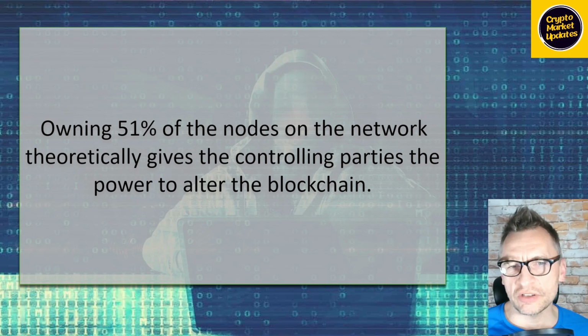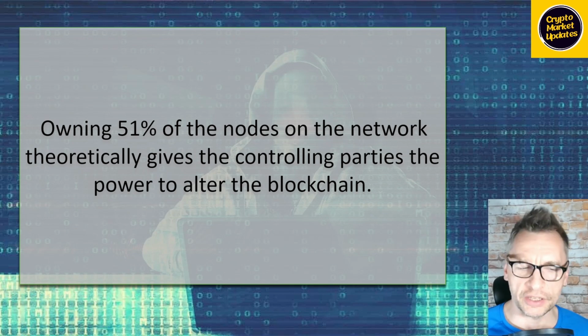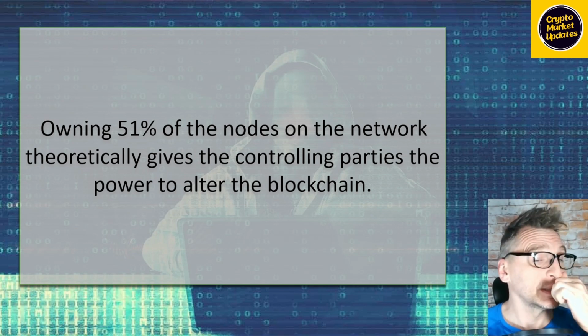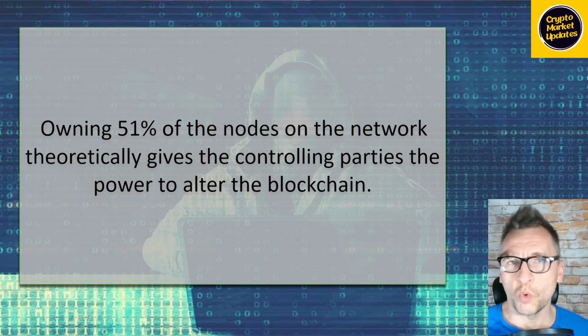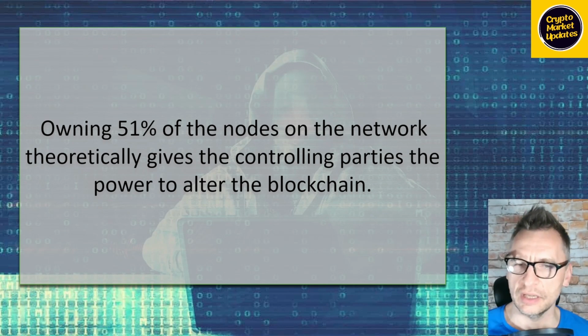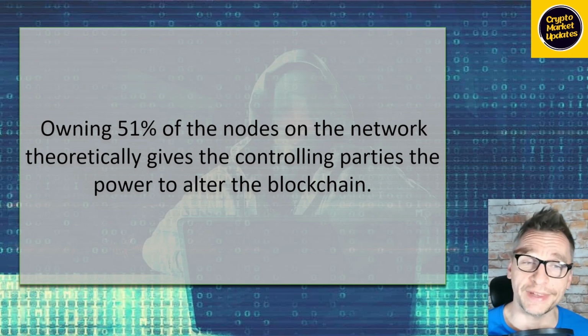Owning 51% of the nodes on the network theoretically gives the controlling parties the power to alter the blockchain. So theoretically, if any one person or a group of people or a group of computers had control of more than 51% of the hash rate on any blockchain, they could control the blockchain and change it to whatever they wanted.